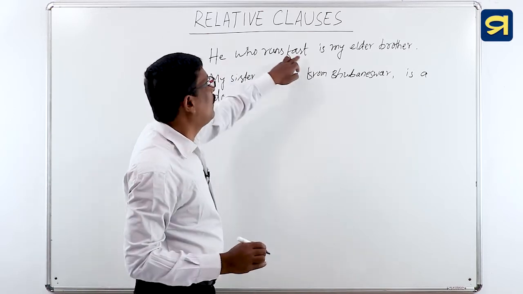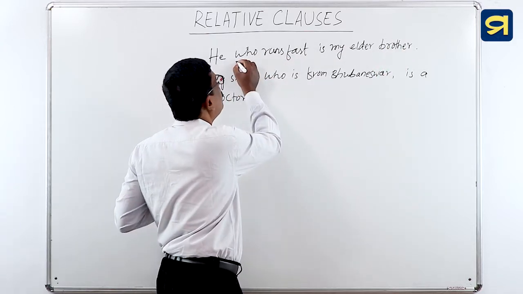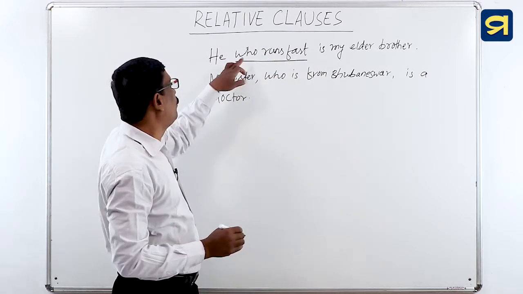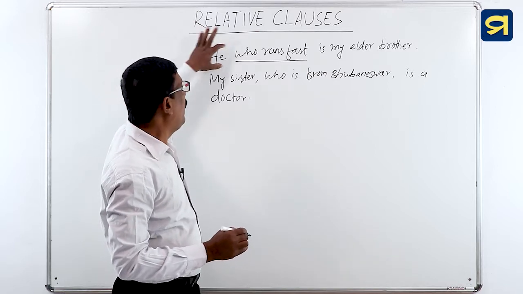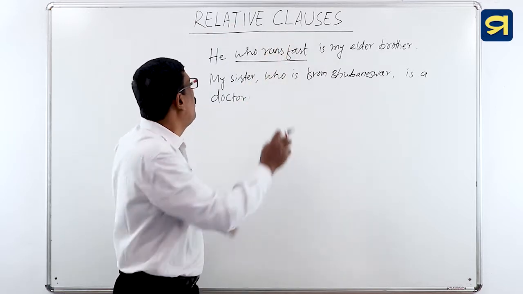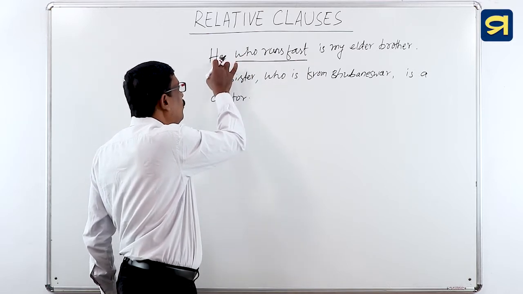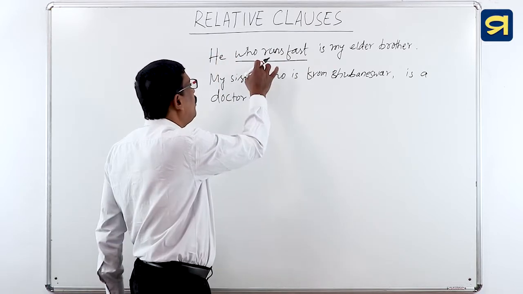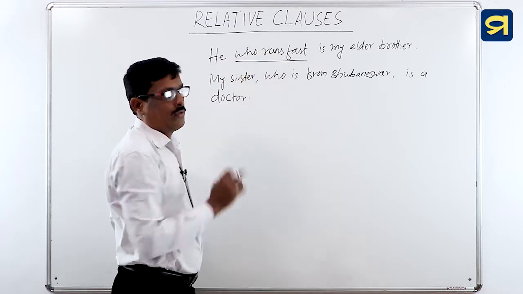Take the first one: He who runs fast is my elder brother. Here, who runs fast is the relative clause, because here who represents he, the subject. And the clause who runs fast modifies the subject or the antecedent or the noun, here he, because all subjects are nouns. So it does the work of an adjective, so it is a relative clause.